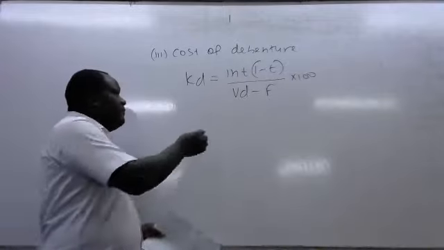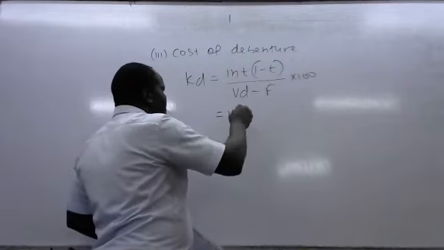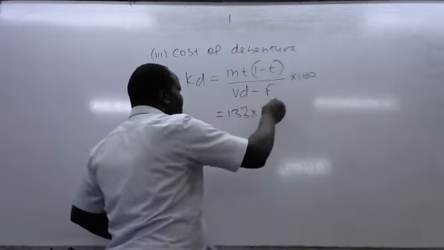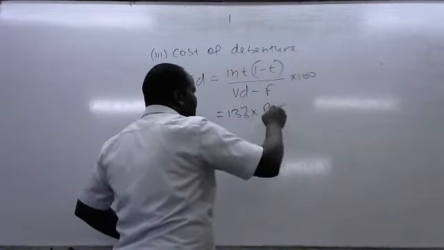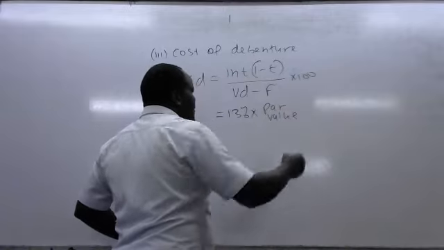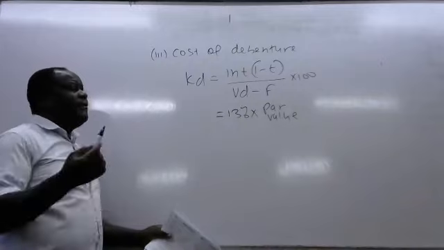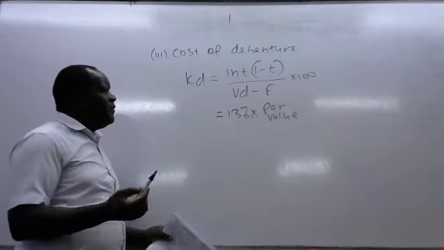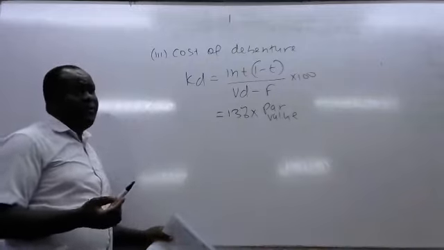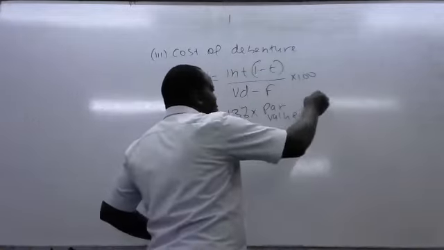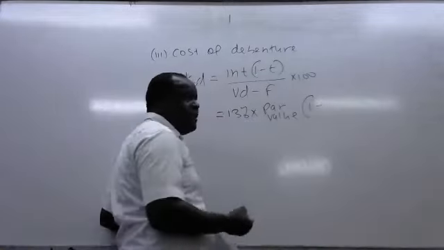So interest is calculated on the par value. It will be 13% of the par value. The par value has not been given. You simply get 13% of the par value. Then 1 minus the corporate tax.